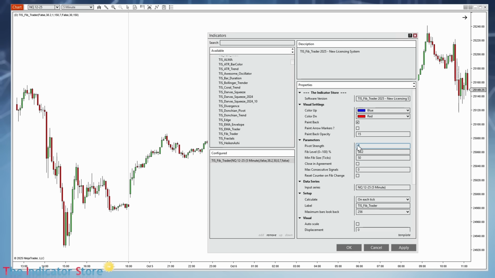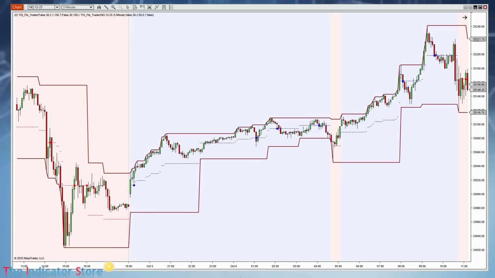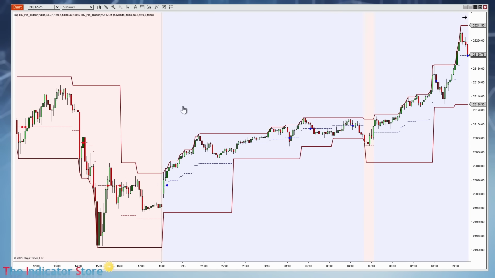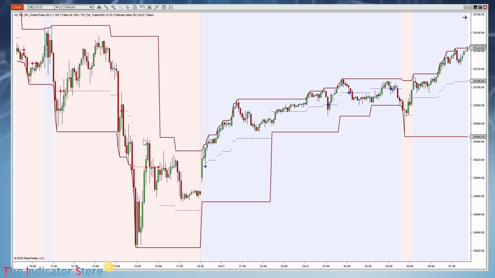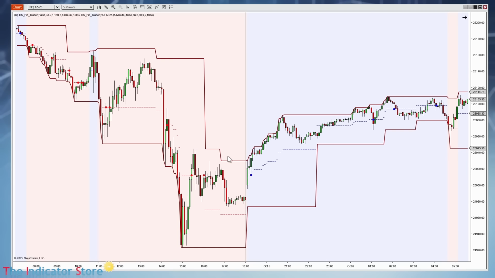Let's use 7 bars to define the pivots and 38 for the fib level. And we get this. As you can see, the pivots are always going up. You remember that there was a lowest low.